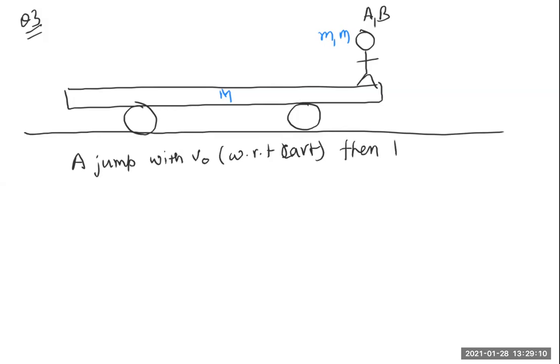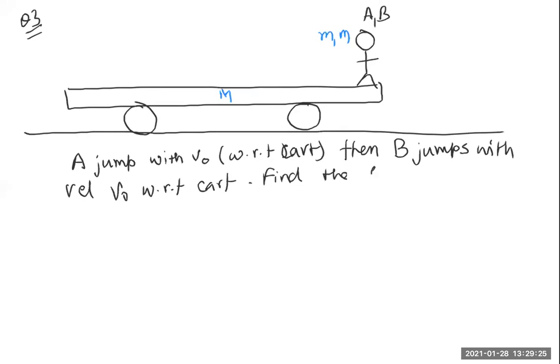Then B jumps with velocity V naught with respect to cart. Find the final velocity of the cart. Everything else is the same as previous questions. Frictionless rails, initial velocity is zero, everything else the same.